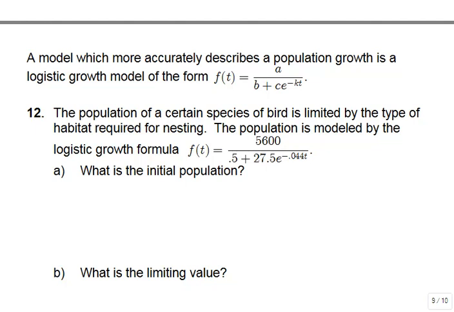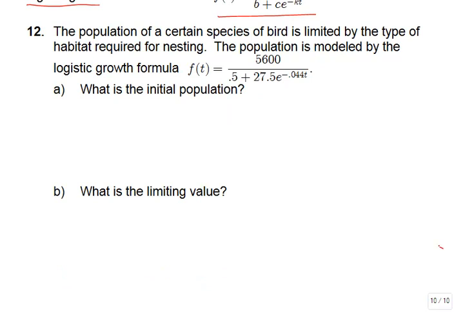So a more realistic model for population growth is called logistic growth, and it has a very complicated looking formula: a over b plus c e to the negative kt. It's more realistic because it takes into consideration things like how much food you have, if there are predators and prey, what kind of supply and demand there is, and things like that. So let's see an example using logistic growth.